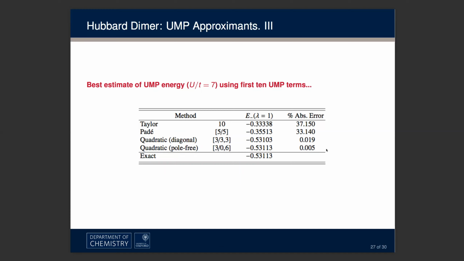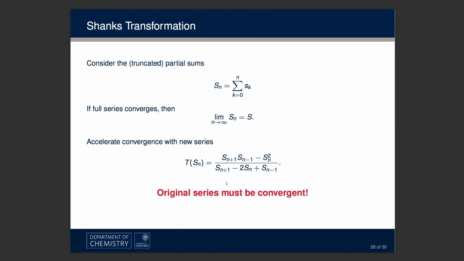Now, the last thing we can do, it's only 2 slides, so we're on the final straight, is take a Shanks transformation of our terms. Essentially, we have a series of partial sums, which would be the MP terms up to nth order.